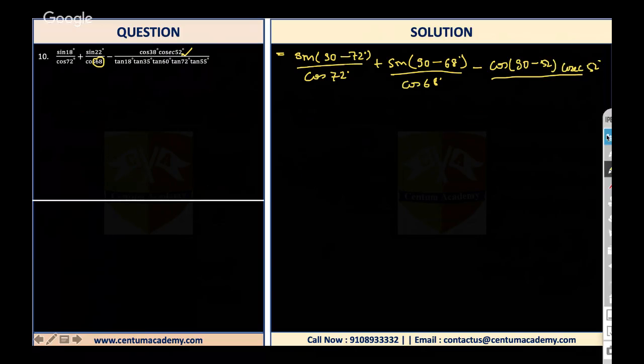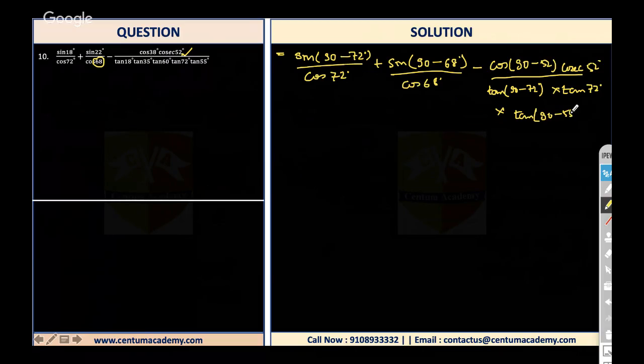So hence what you can do is tan 18 can be written as tan of 90 minus 72 degrees, then tan 35, and then you write this with tan 72 here. Okay, and then here again tan of 35 degrees can be written as tan of 90 minus 55 into tan of 55, tan of 55 into tan 60 degrees.